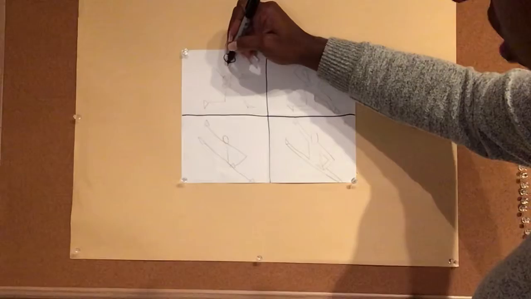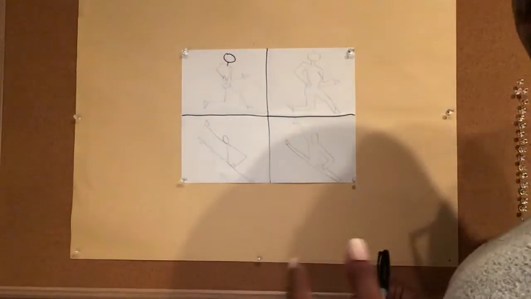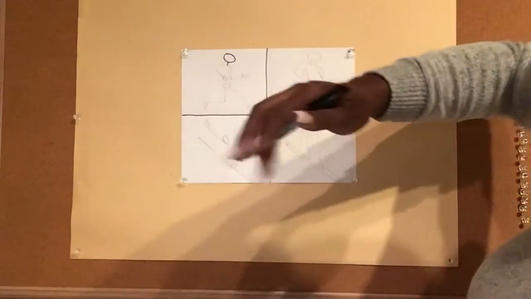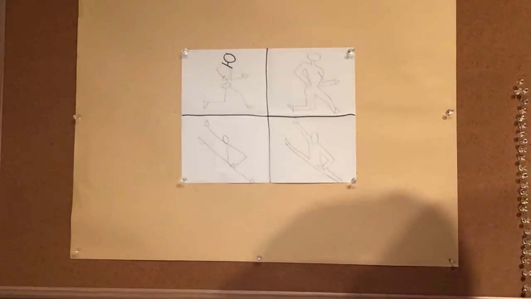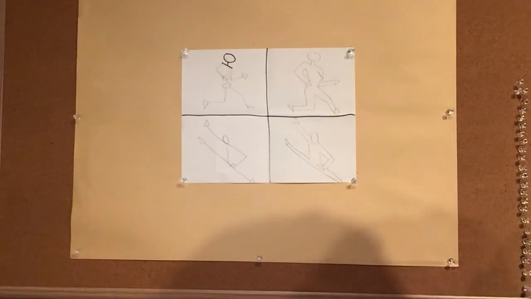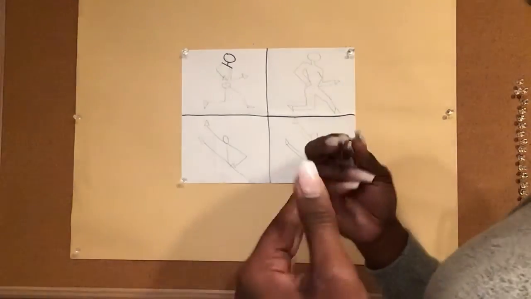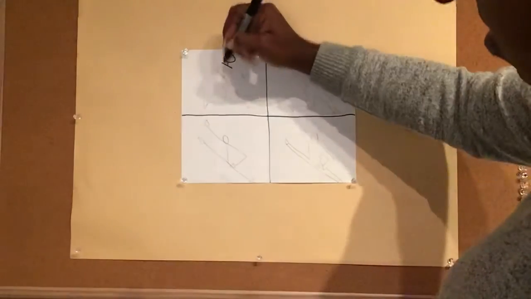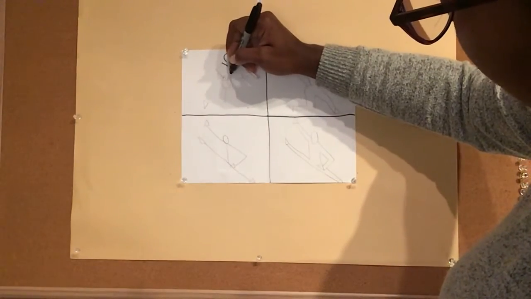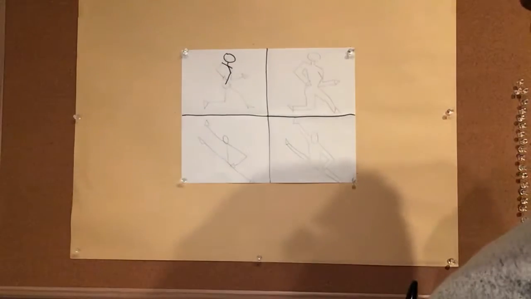His shoulders were slanted a little bit, so we're going to slant his shoulders. While he's running, his chest was forward and then his stomach came in just a little bit. So we're going to bring that chest out and then go back down.